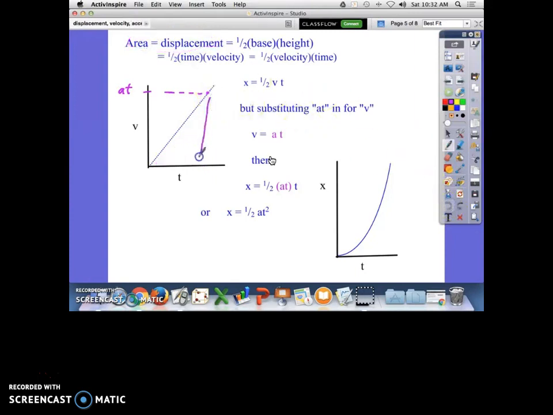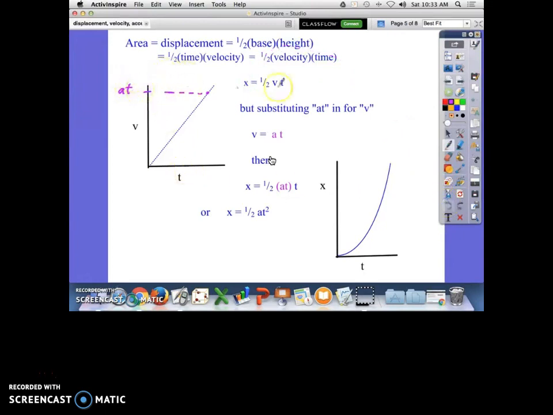Well, the area under here is 1/2 base times height because we've got a triangle. And base is time, the height is velocity. I've got them reversed over here, so I've got 1/2 height times base. So we end up with 1/2 dt, which looks familiar to us. Now, here's where you've got to be a little creative.